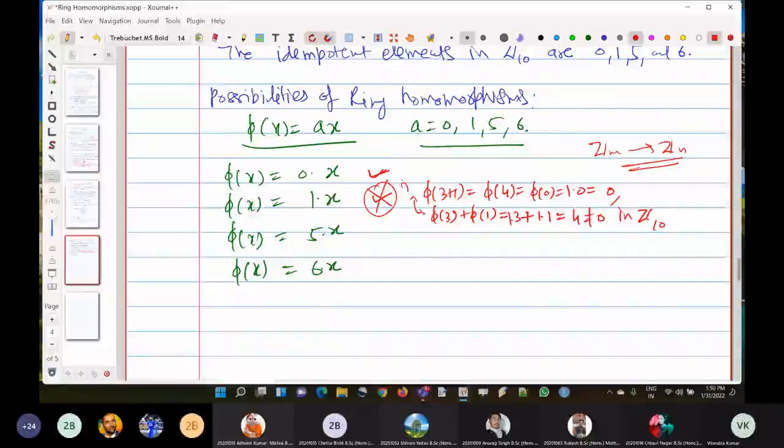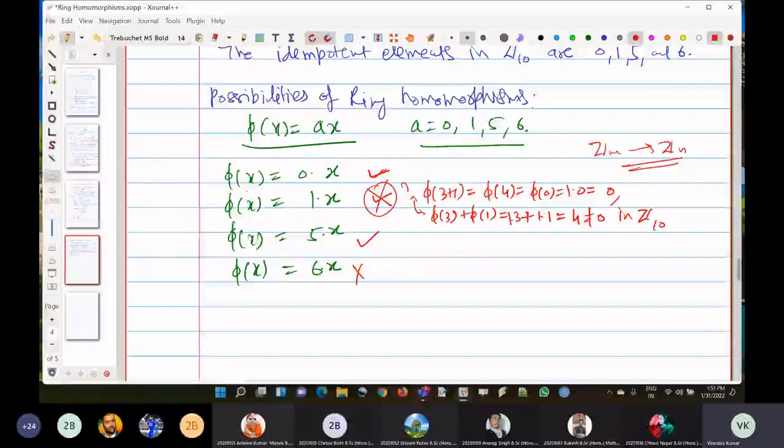You can verify that this is a homomorphism, and in this case this is also not a homomorphism. For example, you can take some pair of points and verify.